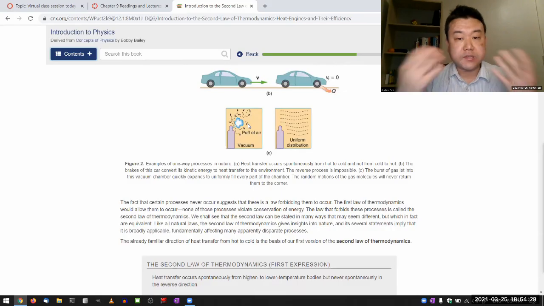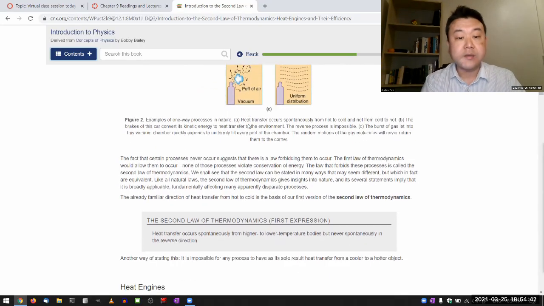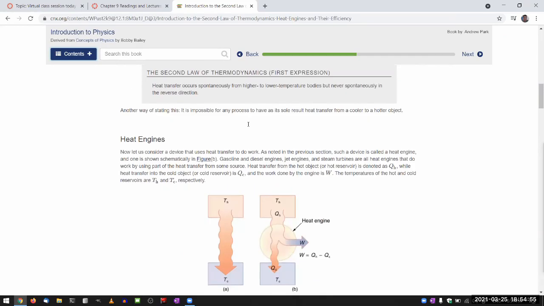Because when we say an engine is ideal, I want you to fully understand that we mean an engine made up entirely of reversible processes, not a single friction that causes irreversible loss of mechanical energy. So I want you to have that in mind as we start to discuss ideal heat engines.